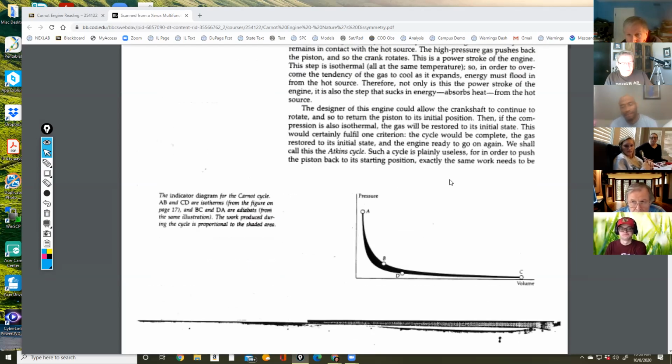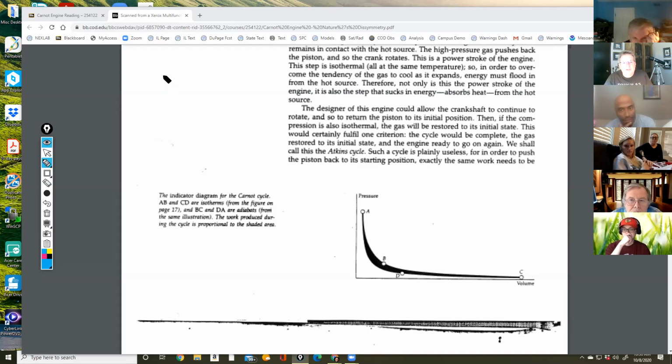to its initial position. So in other words, if you think of it as a cycle of a crankshaft, it goes up and it comes back down, so that you've got that expansion and compression. Then, if the compression is also isothermal, the gas will be restored to its initial state.